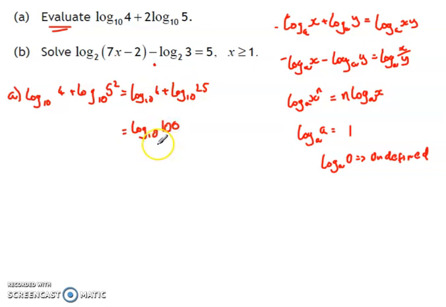Now looking at that, you might think, hey, I've done it. I've done my job, simplified. However, what we want is just a single numerical answer for this. And that's not just a single numerical answer, it's got a logarithm. This is where we have to start to think. When you've got something like this, look at the number you've got the log of. Say to yourself, can I write that in terms of the base number here? Now 100 I know is 10 squared.